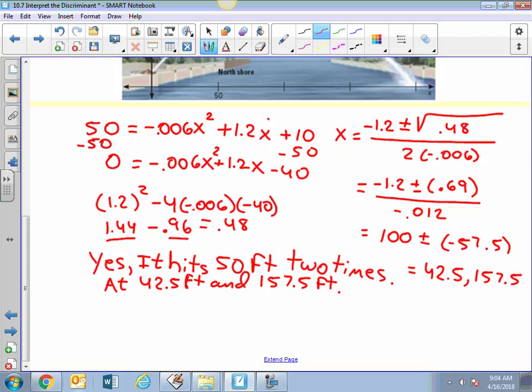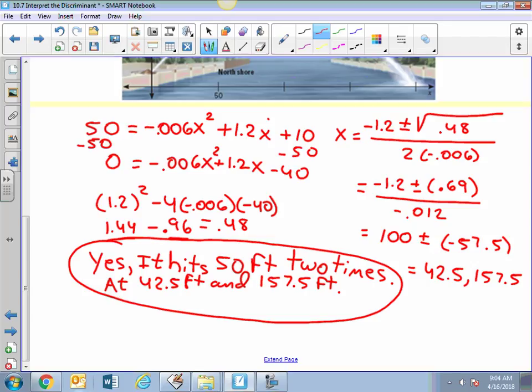And now, just a reminder, another way to do that would be to plug that equation into your calculator, and you can hit second trace, and then you can always trace your zeros. The only thing you'd have to do is put your window in. If you can do that, that's another valid way to solve this. That concludes 10.7 notes in Algebra 1.